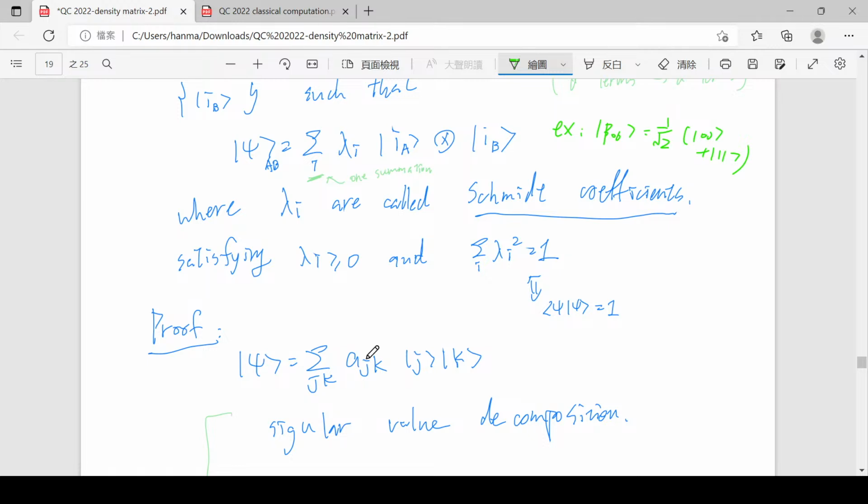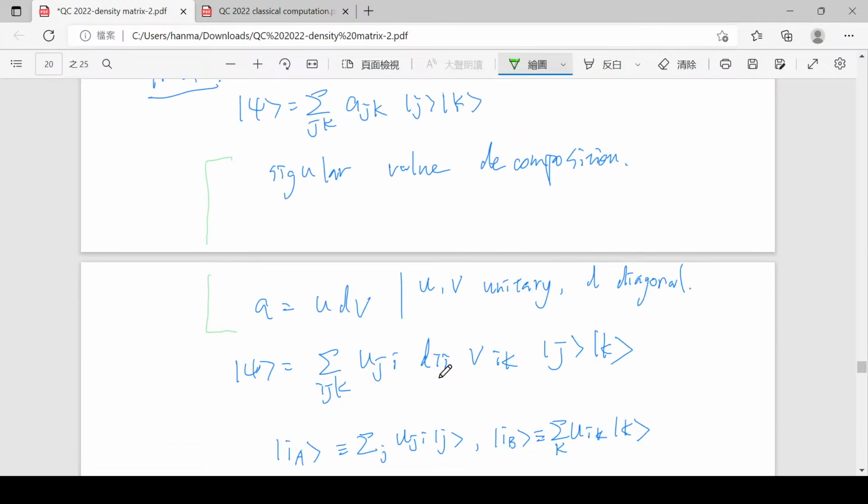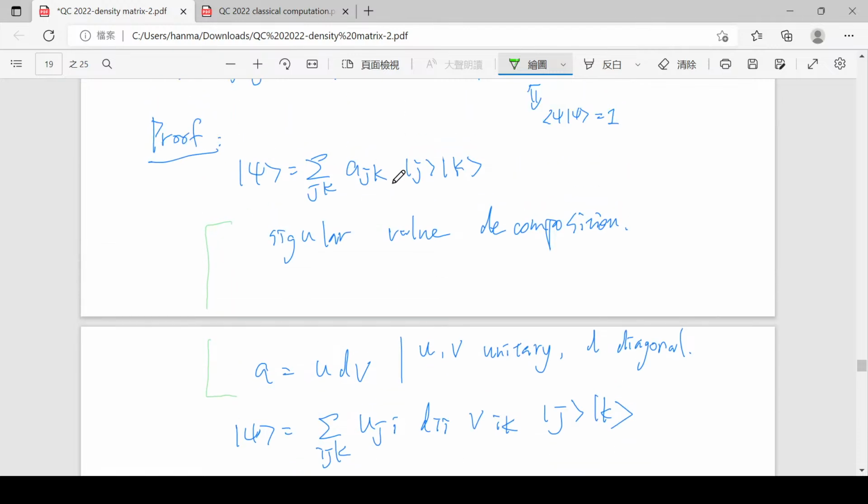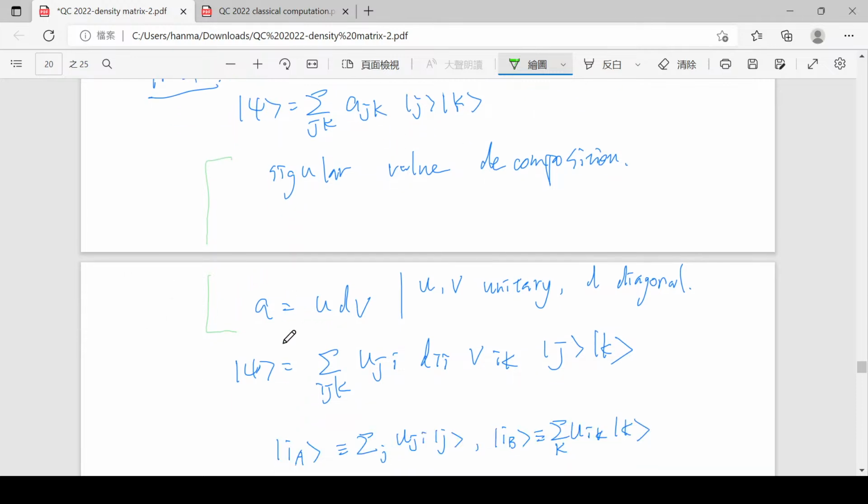You just sum over computational basis states j and k, with some coefficients a_jk. And then what we do is a linear algebra operation called singular value decomposition on A. So we think of this a_jk as the matrix elements of some matrix A, and we do singular value decomposition on A.